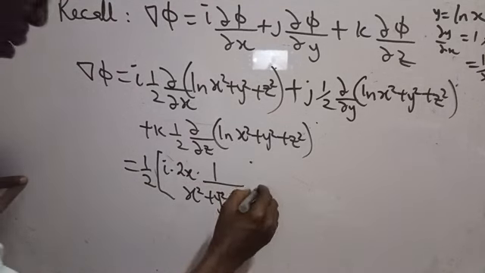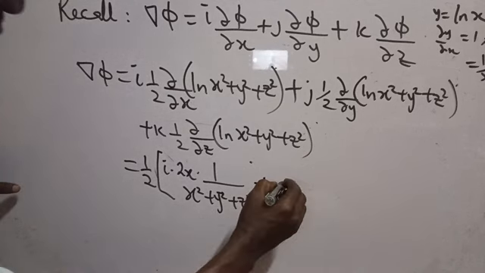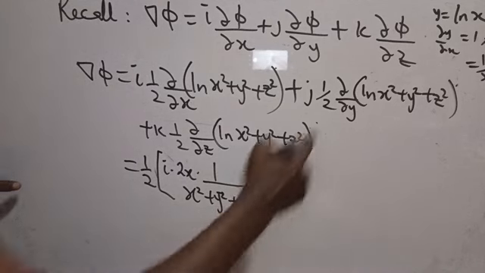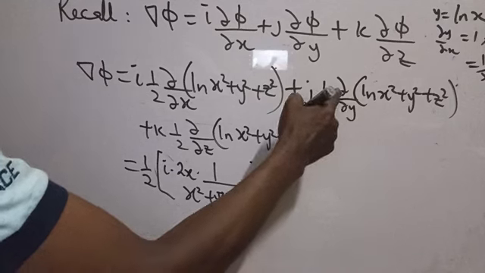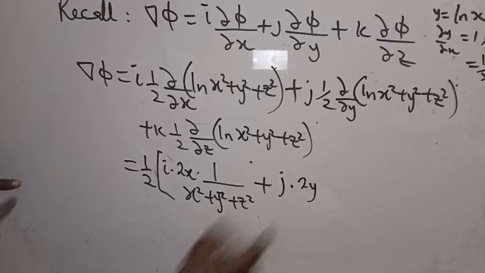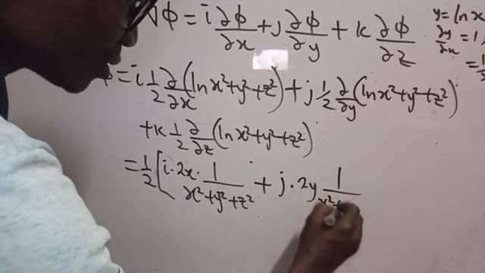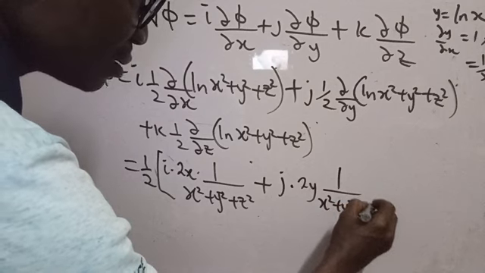Now plus, remember our half is common. Now j, the partial derivative with respect to y. So it's what? Times 2y. It is ln 1 all over everything there, x squared plus y squared plus z squared. Beautiful.